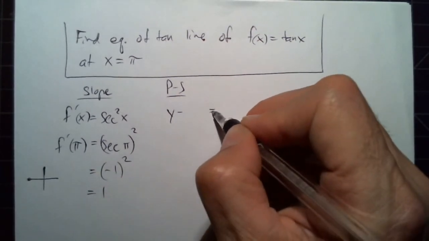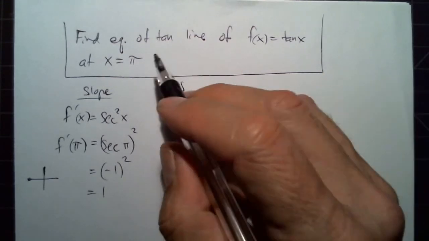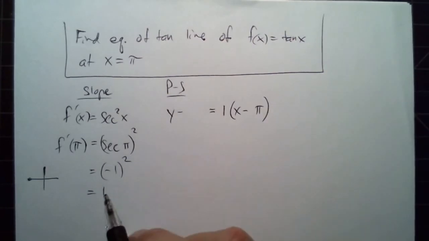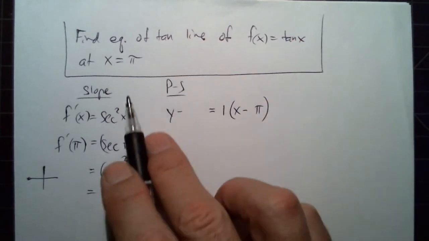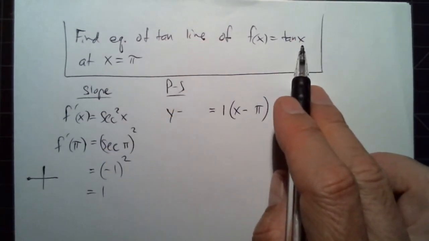Y minus y1 equals m times x minus x1. We know the x value. We know the slope. We need the y value of tangent at pi. Tangent of pi. Tangent is y over x.